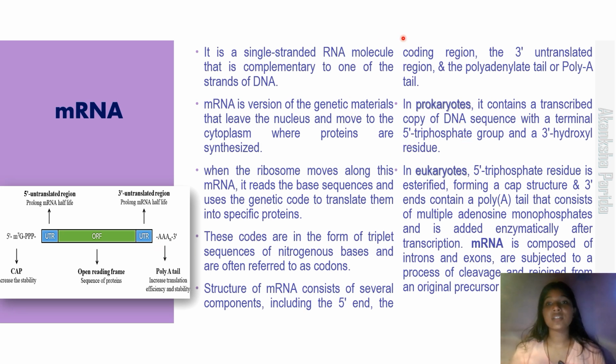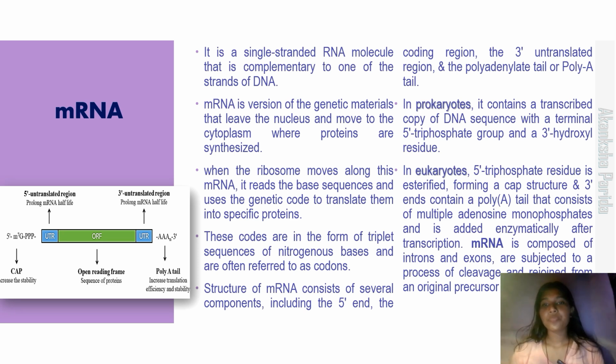If we talk about the function of mRNA, it plays an important role in cellular functions, transcribing genetic information from DNA and guiding the amino acid sequence on the protein chain in the ribosomes.